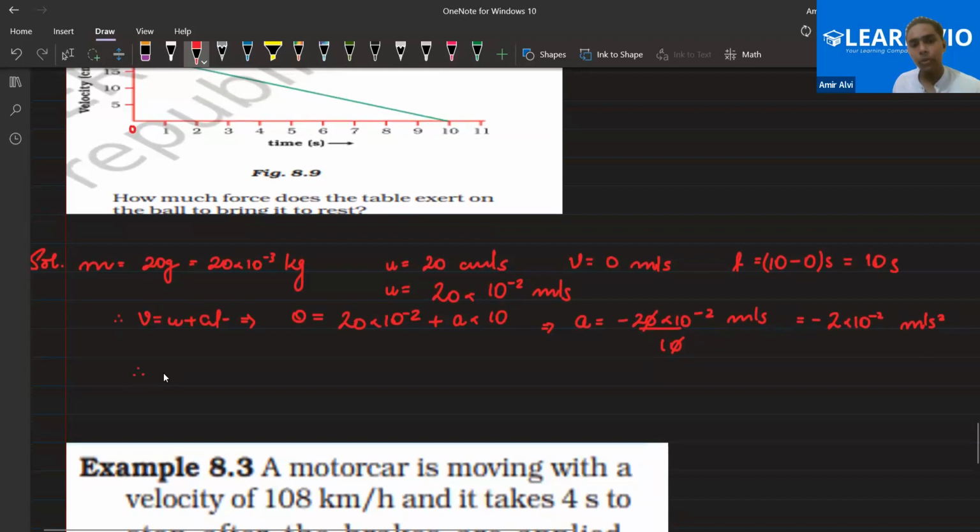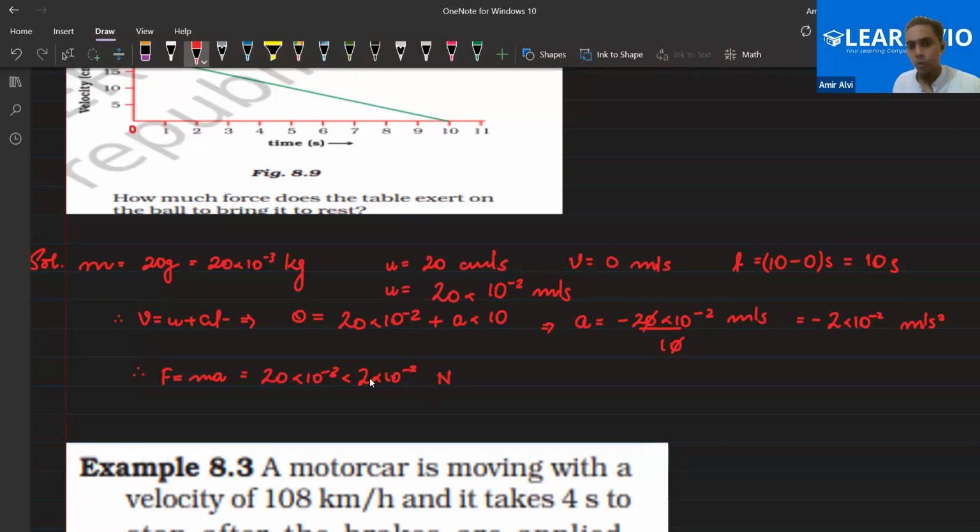Okay, now I have got the acceleration. According to the formula, force is equal to mass into acceleration. So I will substitute the values: 20 into 10 to the power minus 3 into 2 into 10 to the power minus 2. This is in Newton because this is the SI unit.